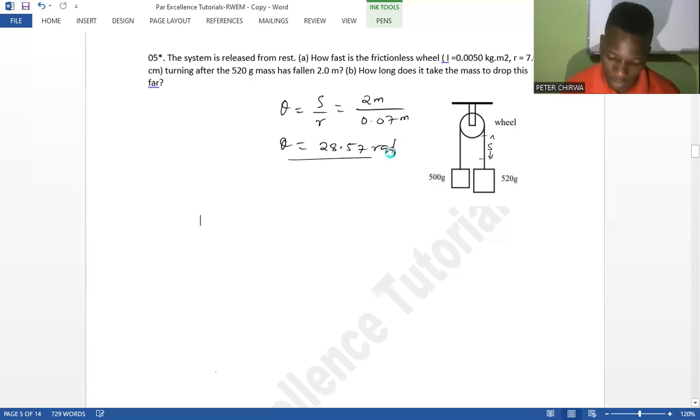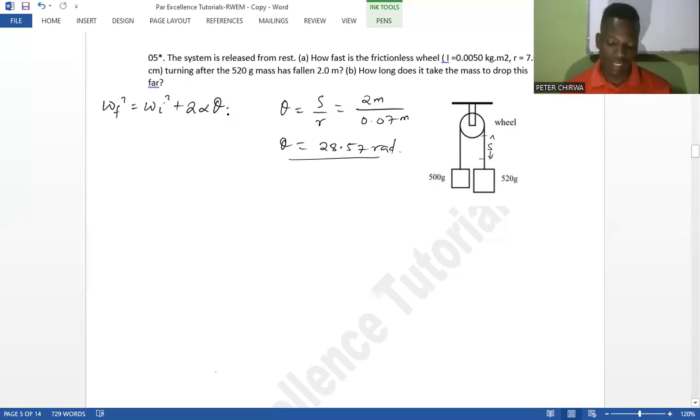All right, so we have that. At least we can get that. Now, still, that information is not enough. Since we have that one, we know that we can use this formula to find the angular velocity. How fast? You can find that too.